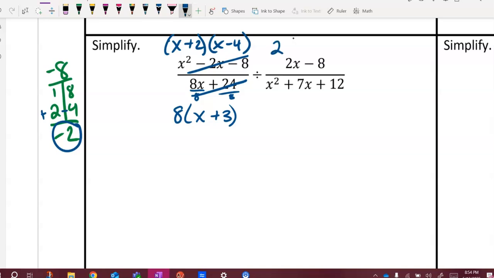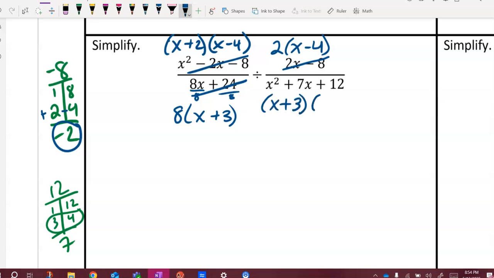Yeah, we take out the 2, divide by 2. And the bottom, we have another quadratic. 12 at the top, 7 at the bottom. 12, 3, and 4. Now 3 plus 4 is 7, so those are our two factors right there. x plus 3, x plus 4.